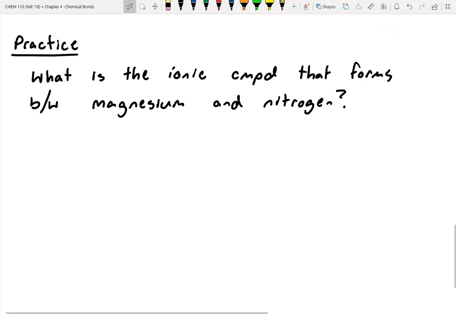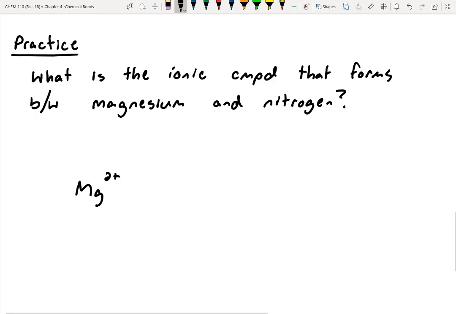So this one's a little bit tricky. But let's think about it, right? We've got magnesium. What charge does magnesium have when it's ionic? 2. It's in group 2A, right? So magnesium is going to be 2 positive.